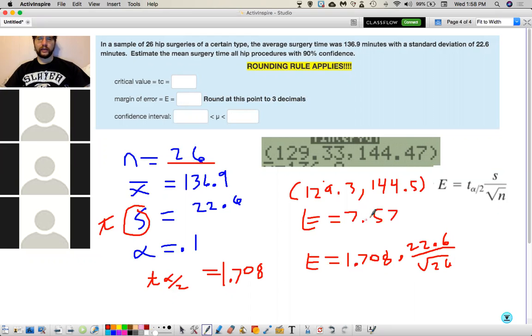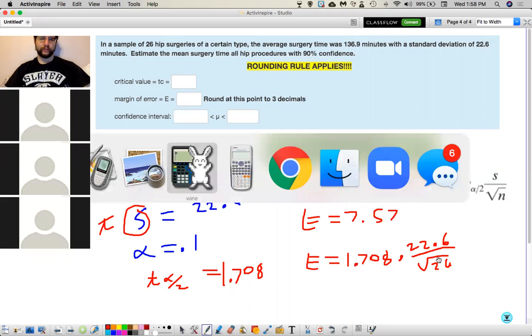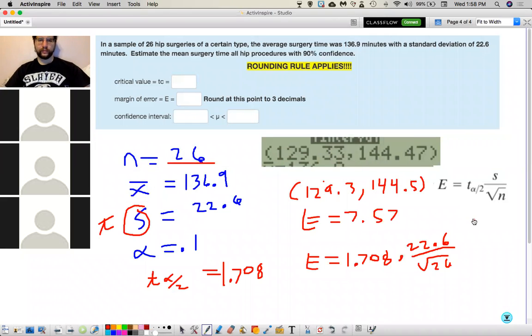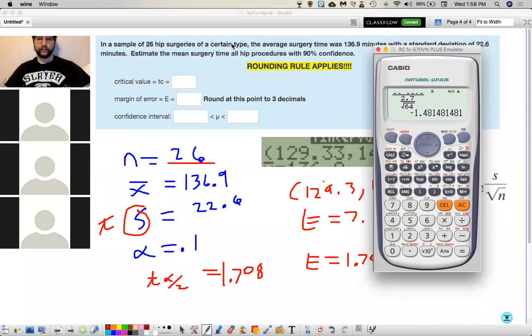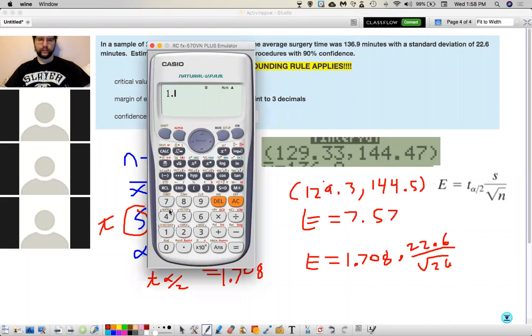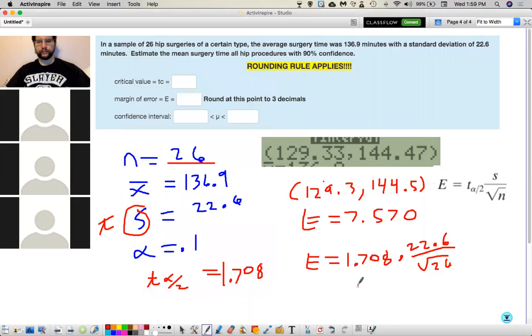On the TI, we only had 2 decimal places. So let's see what actually this pops out with. So it's 0.7570. Okay. So I guess we can shove a 0 on there if we really want to.